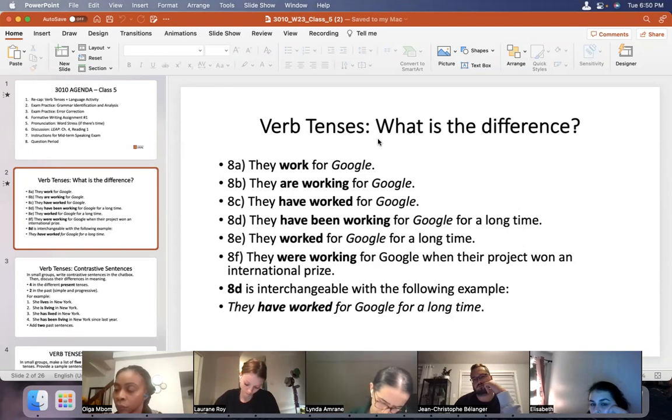Instead of saying I have been working, they say I have worked. And they're treating work like a non-action verb. Do you follow me? And they're lazy, those little buggers. Okay, I will not accept you do that. Do you understand that? Work is an action verb. So if it started in the past and it continues to the present, it should be I have been working. Is that clear for everybody?